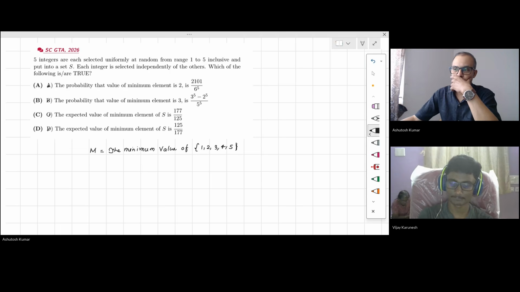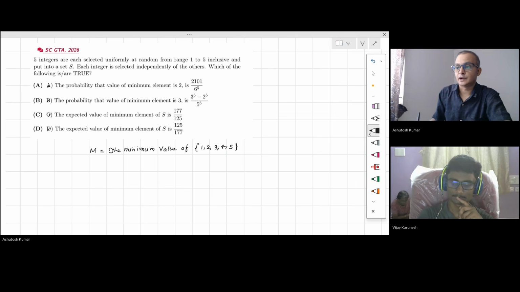So let's create a general formula for that minimum. For creating a general formula for minimum, what can we think? I'm setting that the minimum value is, let's say, k. So how do we write it?